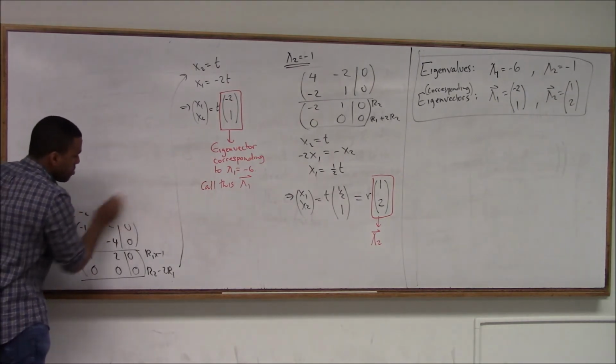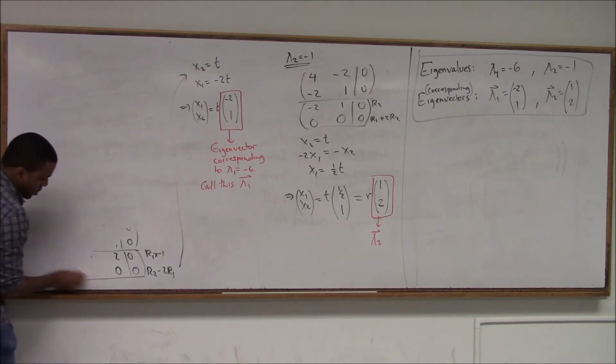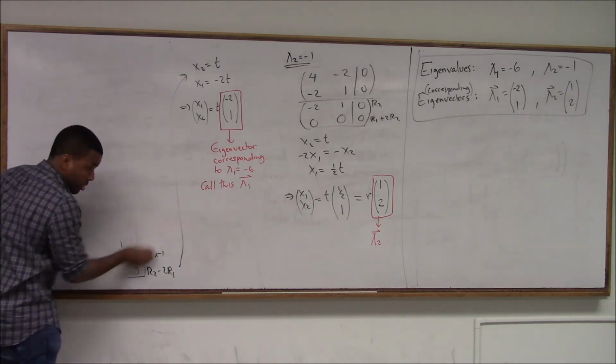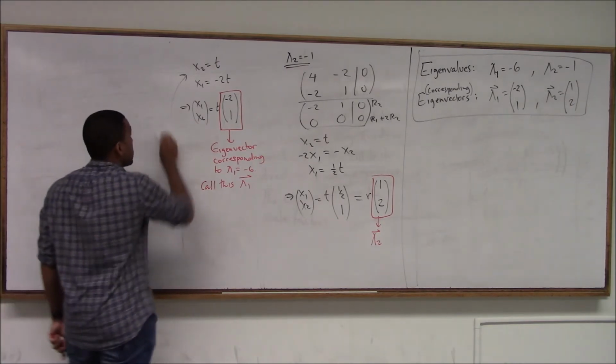Now, as I said, there are many uses to being able to find eigenvalues and eigenvectors. We are going to look at two of them. So we're going to look at two applications here.